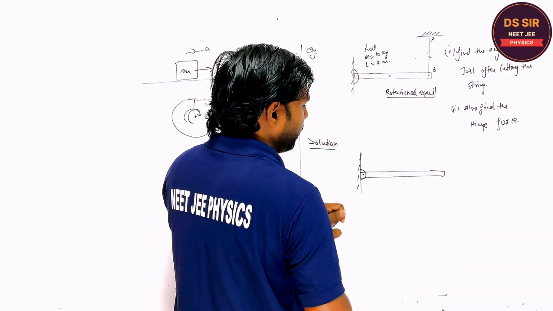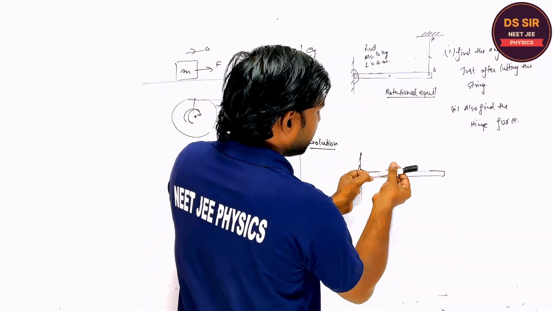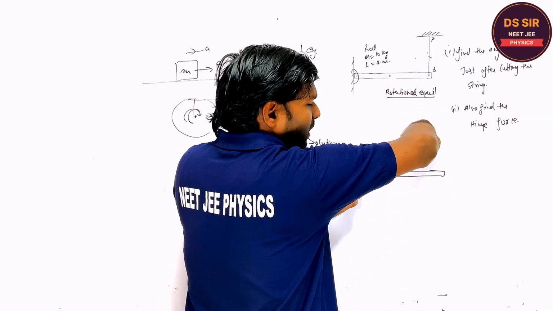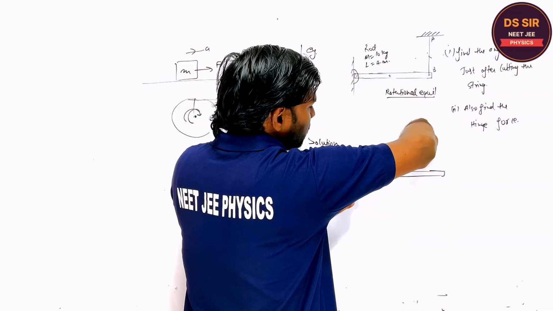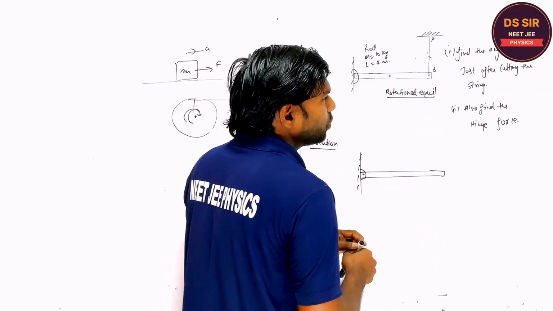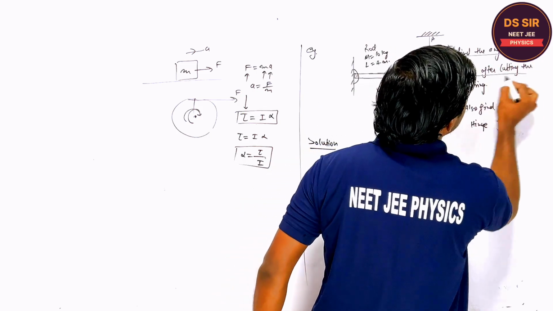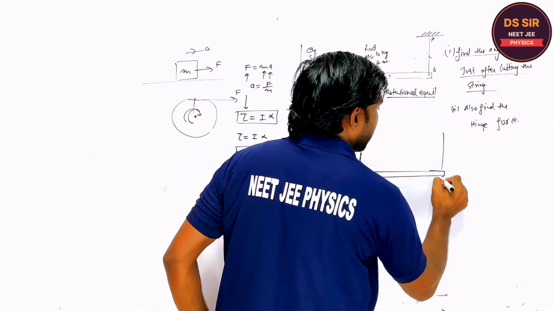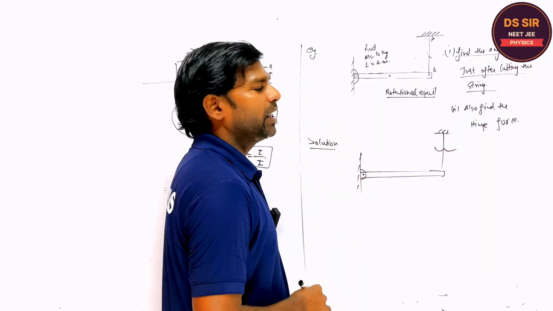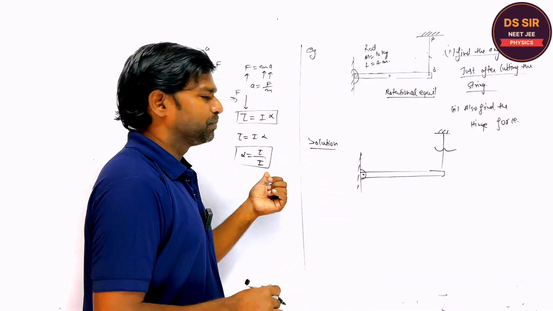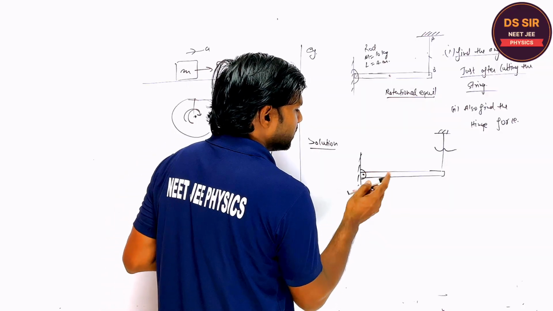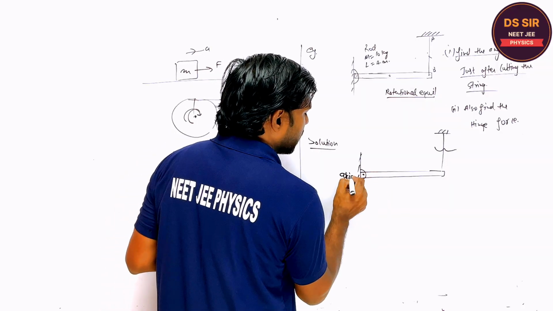Initially it is supported by this string in rotational equilibrium. When it is cut, it will start rotating like this. Are you getting or not? So you have to find the angular acceleration just after cutting the string. They have cut the string right now, and at that point you have to find the angular acceleration. To find this, you have to find the net torque. This is the rotation about the fixed axis. This is the axis of rotation. Are you getting or not?